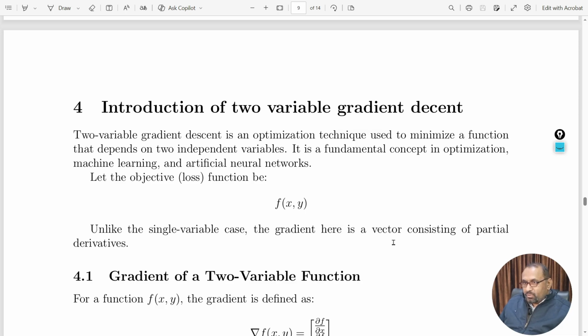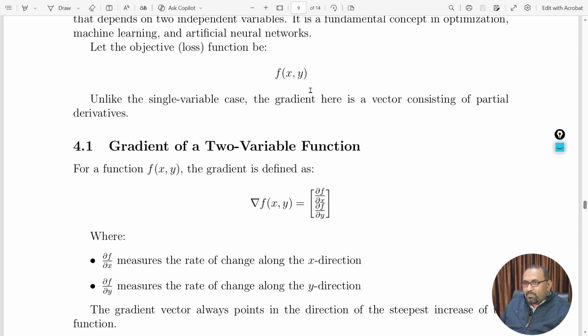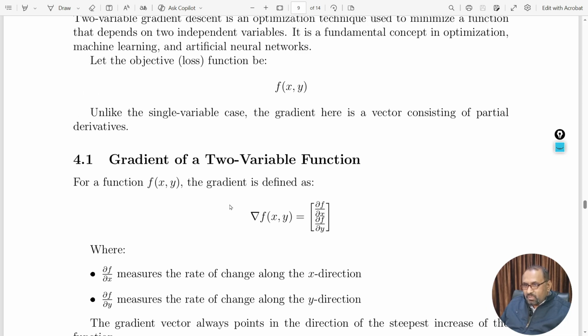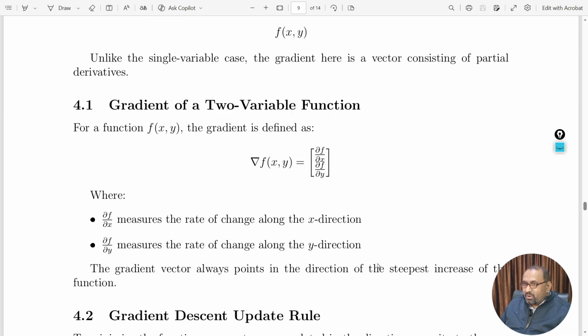Okay, so the function will be of two variables. Here we are taking f(x, y). Unlike the single variable case, the gradient here is a vector consisting of the partial derivatives. So when we take the partial derivatives of the function f, we have ∂f/∂x and ∂f/∂y. ∂f/∂x measures the rate of change along the x direction, and ∂f/∂y measures the rate of change along the y direction.